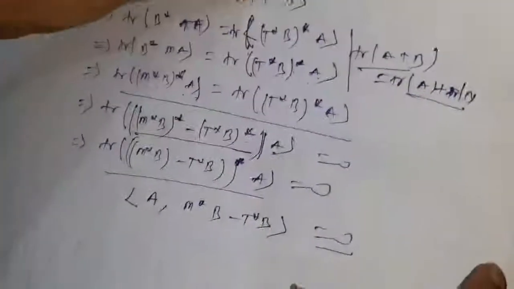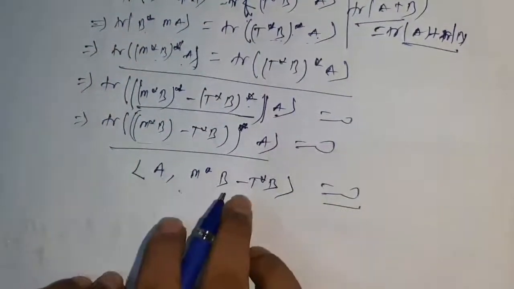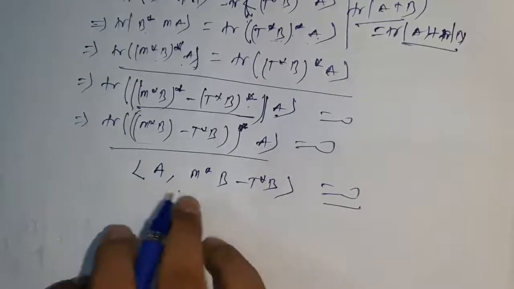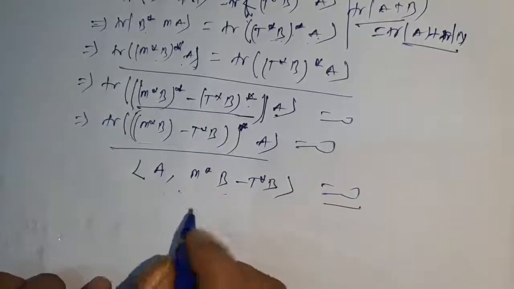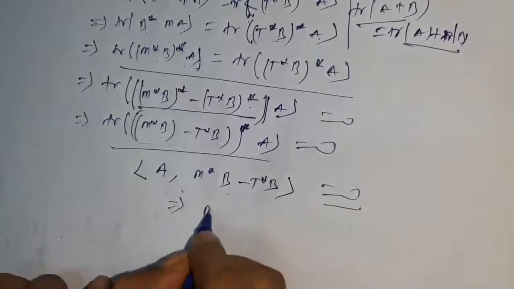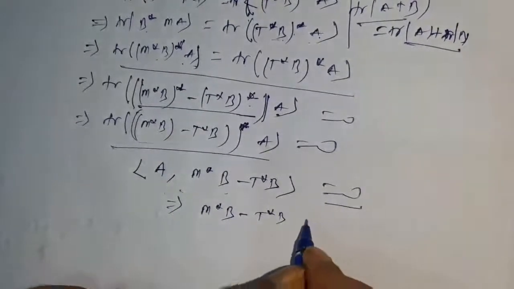Now by the property of inner product, the inner product of A with this is equal to 0 and A is non-zero, so we can write M star B minus T star B is equal to 0.